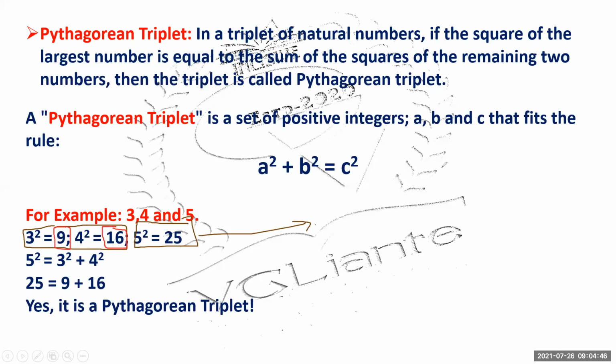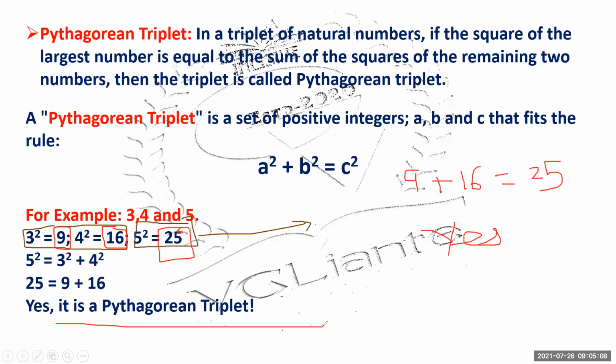You try to add them. 9 plus 16. Is this equal to the square of the largest number? You have to check. If the answer comes yes, it's a Pythagorean triplet. Is this clear to all the students? Very simple.